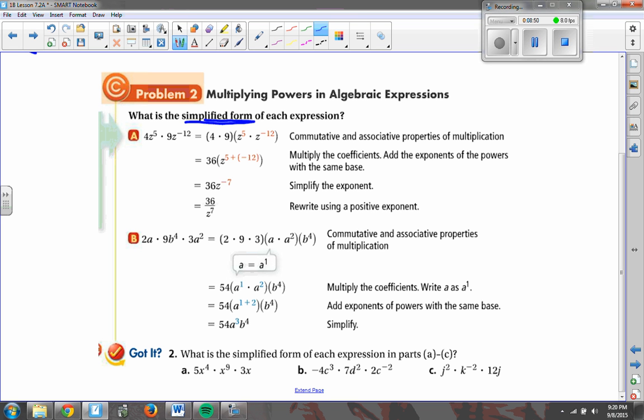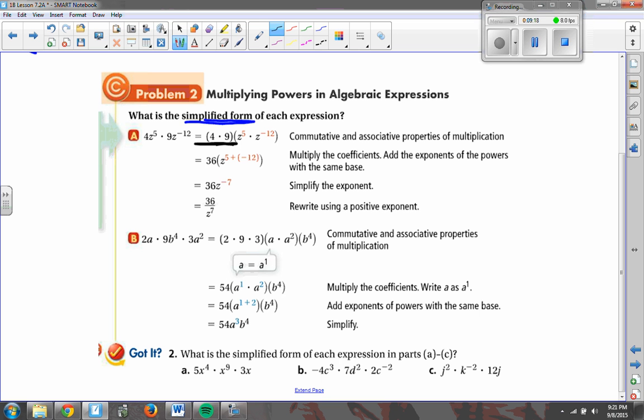I want to deal first with these numbers that are out in front of my z's, called coefficients. Now I know that 4 times z to the 5th times 9 times z to the -12th is all multiplication, which means I can change around the way that I'm multiplying this, meaning I can put my two numbers out front and deal with those first, and then deal with my z's separately from that.